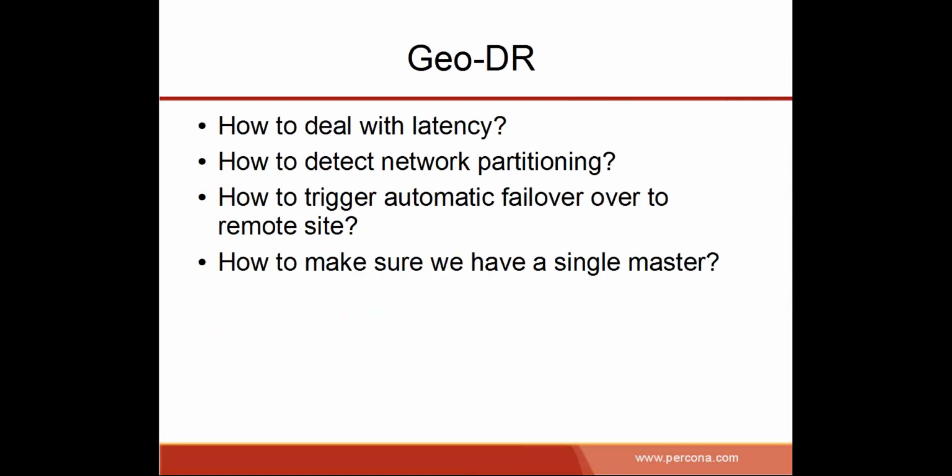So first, what are the challenges and problems with geographical disaster recovery? The first big problem is latency. The speed of light is finite, so there will always be latency when you deal with a remote data center. There are other solutions that do geographical disaster recovery, Percona XtraDB Cluster is one, but latency has a big impact on the write capacity of Percona XtraDB Cluster.